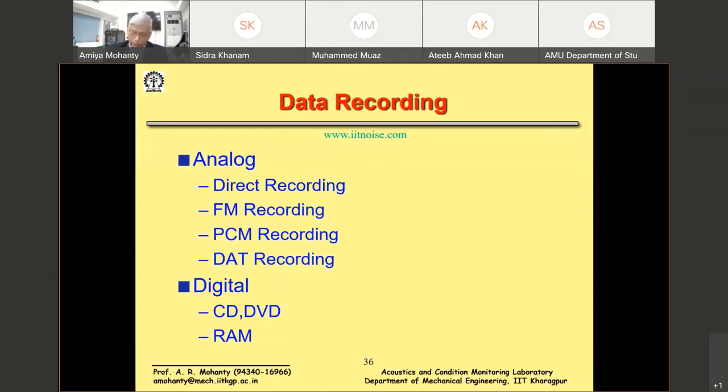spectrum analysis. But again, I must tell you, this spectrum analysis is done by hardware, or if I have the data, the Fourier transform has to be done. Now, Fourier transform can be done by hand or by a computer.